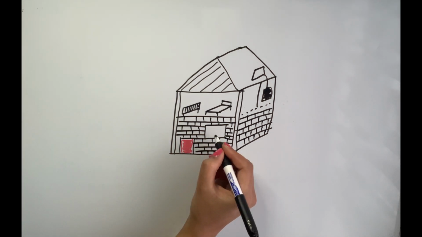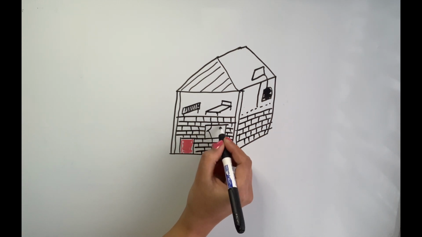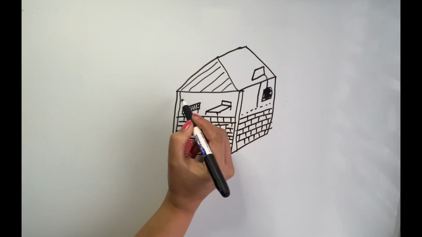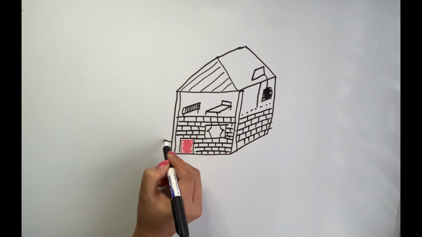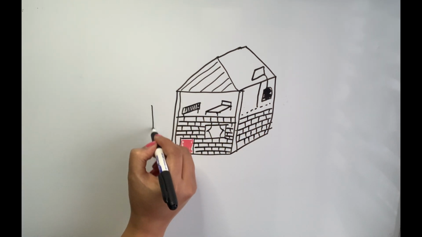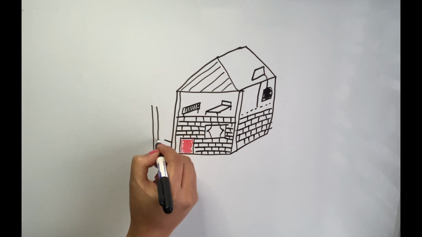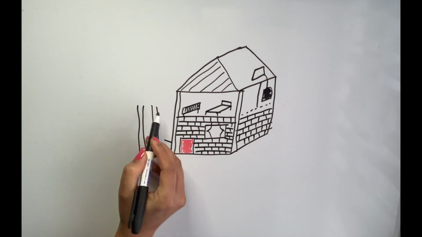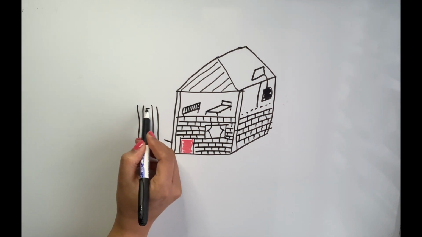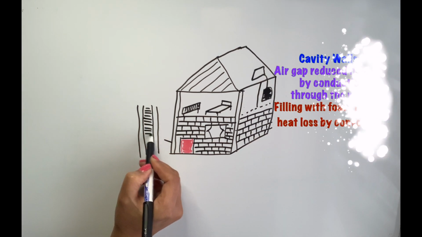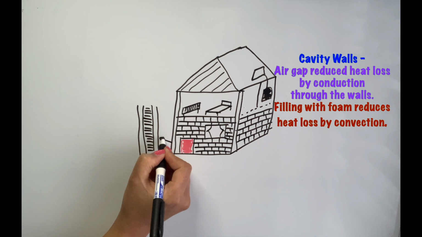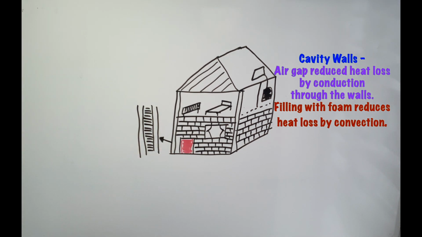We have our front door, we have our window, we have the upstairs, we have a radiator, a bed, and we've got cavity wall here. Cavity wall means that you have a layer of wall, another layer of wall, and you can either have air in this area here, or sometimes you have it filled in with foam. So that's just to show what the cavity wall is.